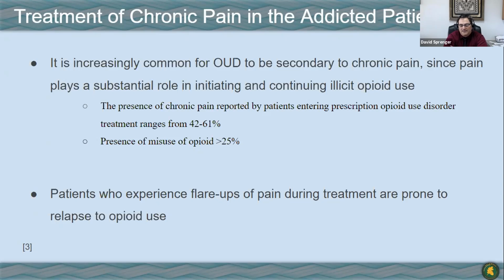Some of the specialty pain clinics may be on the lower end, but in a safety net clinic where you have a lot of folks with a lot of mental health issues and lots of medical issues, the rate is going to be higher. Patients who experience flare-ups of pain during treatment are prone to relapse, so that's something to definitely look out for when treating folks for pain.